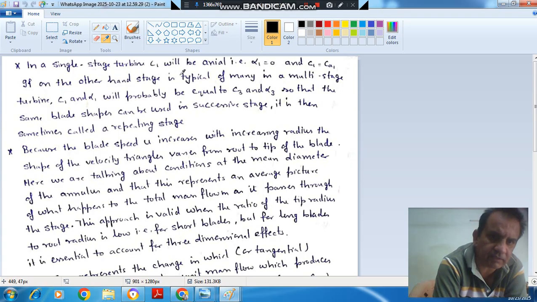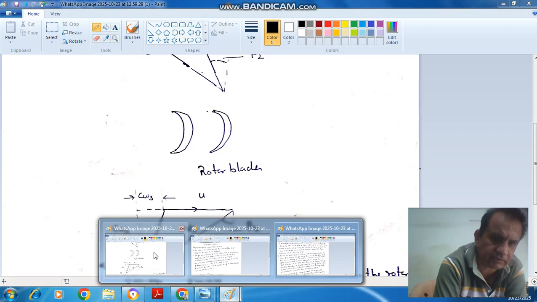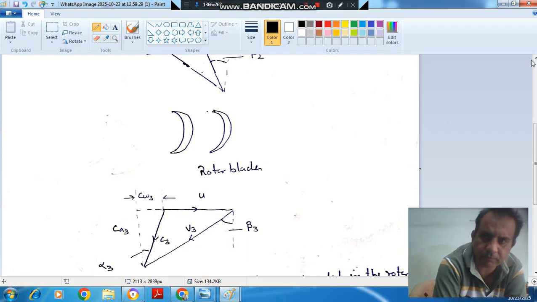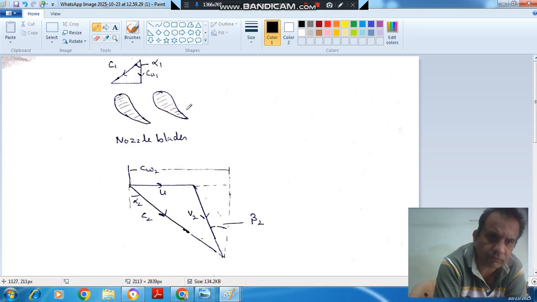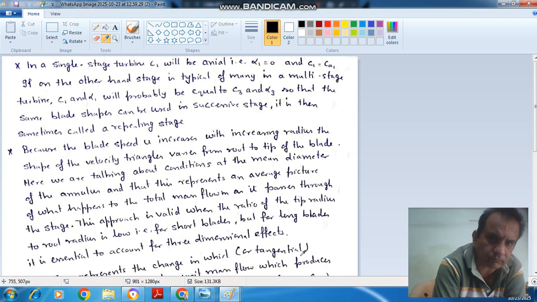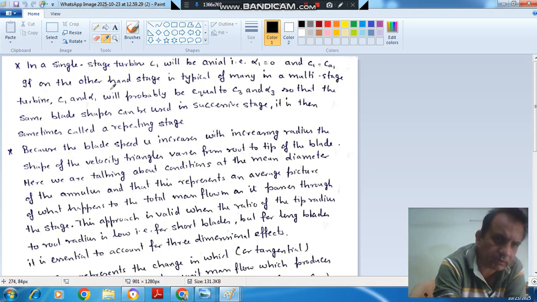In a single stage turbine, C1 will be axial, alpha 1 is 0. So if we consider a single stage turbine, then C1 will be axial, or alpha 1 will be 0, and C1 will be equal to CA1. If on the other hand the stage is typical of many in a multi-stage turbine, C1 and alpha 1 will probably be equal to C3 and alpha 3.